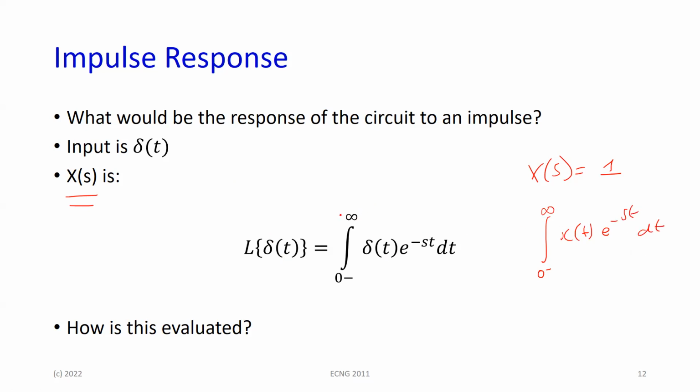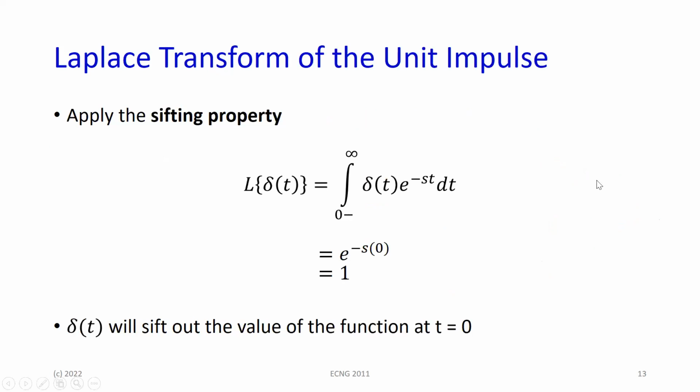This bit here is the definition of the impulse, and because the impulse is delta t, which is at t equal to 0, it sifts out the value of the function at t equal to 0. And the value of e to the 0 is 1. So X(s) is 1. Right?